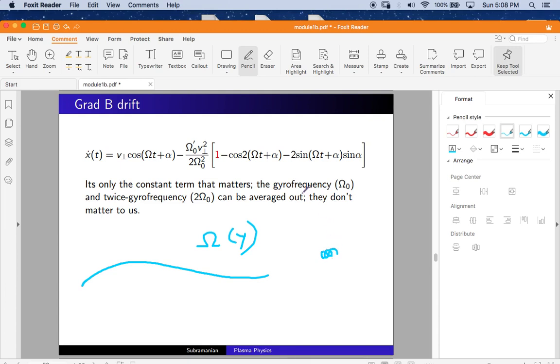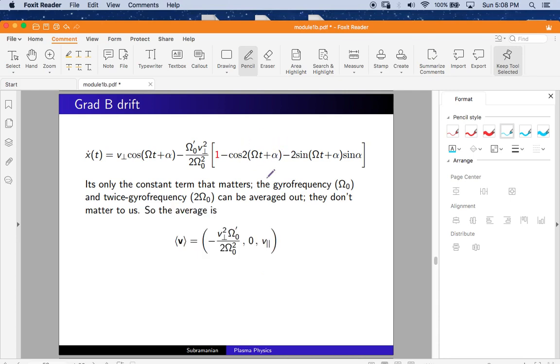You can average over it, and if you're averaging over the gyrofrequency, you can definitely average over the twice gyrofrequency also. Therefore, once you average it, the average of V, the average of x dot, would be the x component, this would be the y component, and this would be the z component, and we simply call it V parallel in as much as it's along the direction of B.